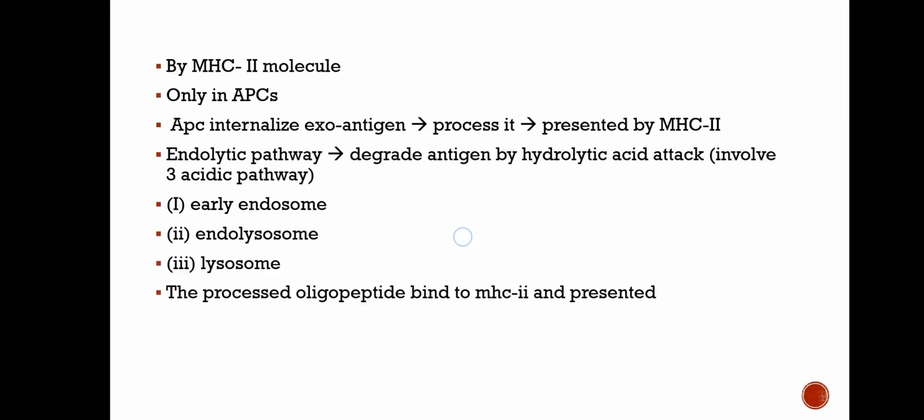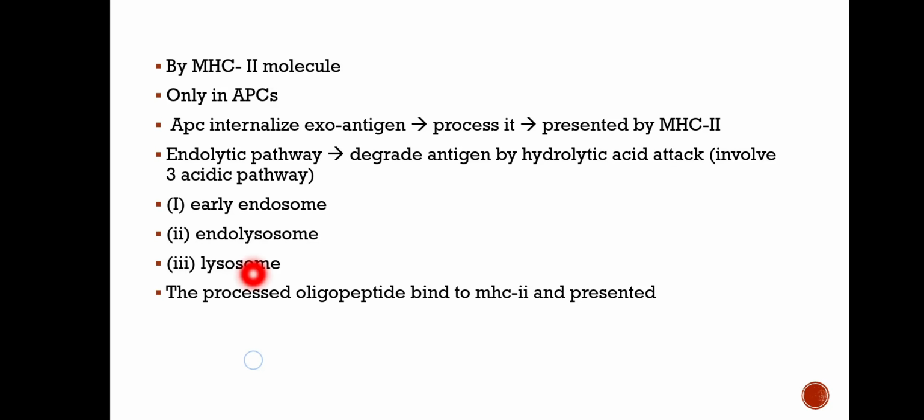It involves mainly three acidic pathways. The first pathway is early endosome, the second is endolysosome, and the third is lysosome. Now, by these three acidic pathways, the proteins are broken down into oligopeptides.